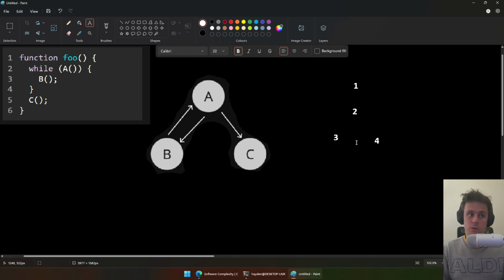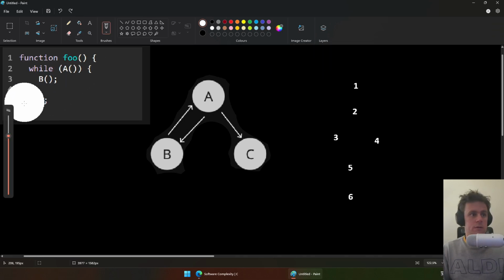And then from line 4, we're naturally going to always go to line 5, and then from line 5, we're always going to go to line 6. Then we start drawing some lines between it. Like this, 1 to 2. We know that 2 can go to 3. We also know once 3 is done, it has to go back to line 2.